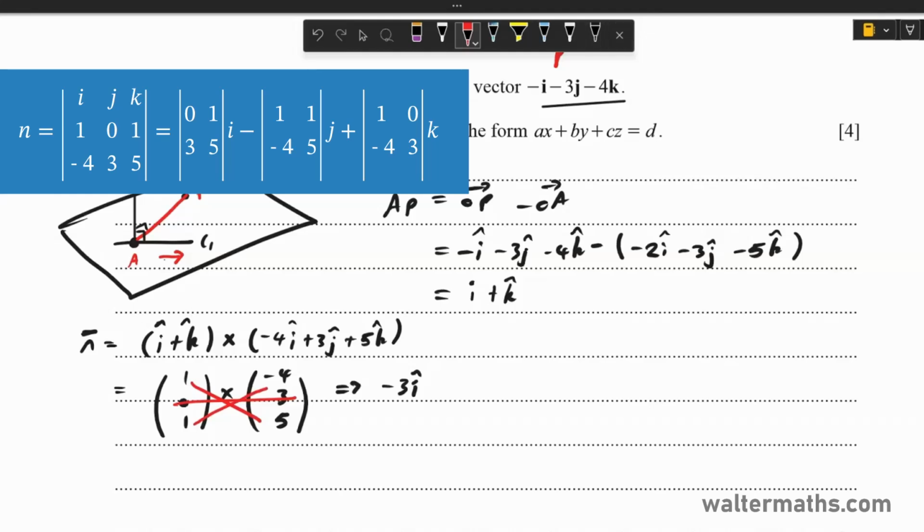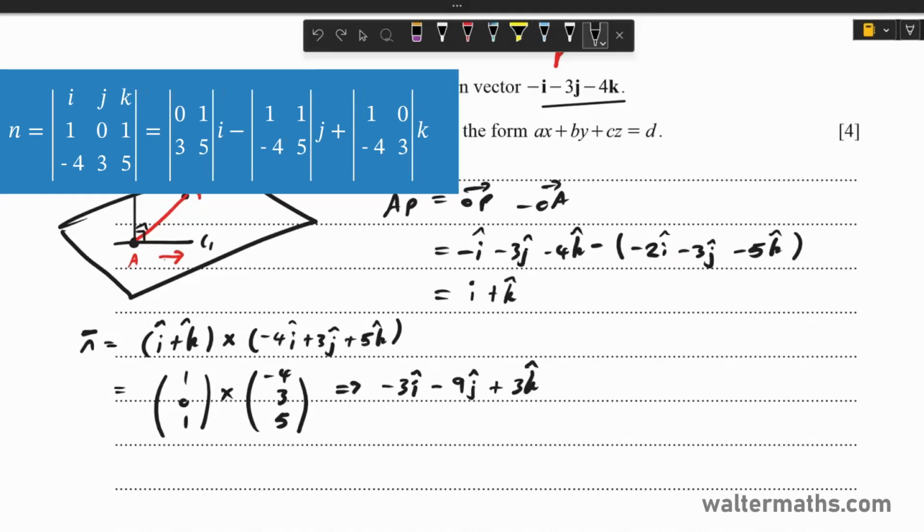And I'll put a minus on that. So it's actually minus 9j. And lastly, I'll close these and I'll have 3 minus 0. That will give us 3. So I'll have here plus 3k. So this is what we have right here. All right, so that's the n.